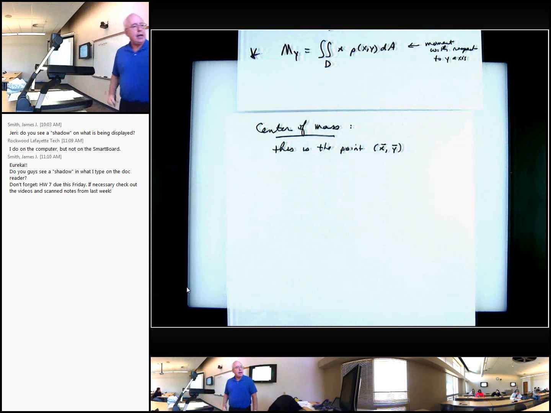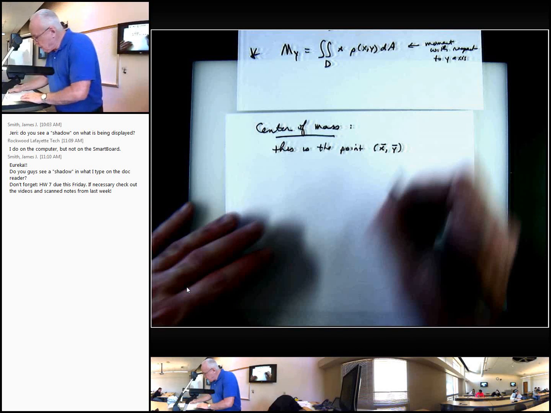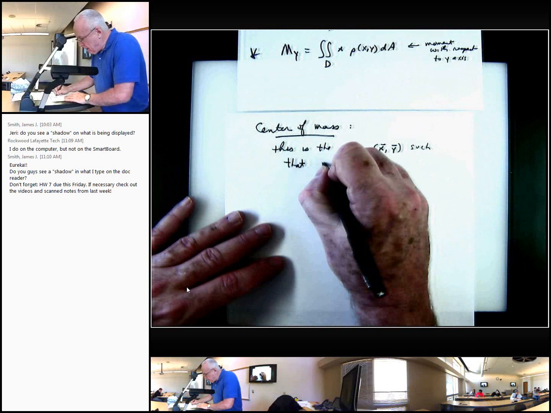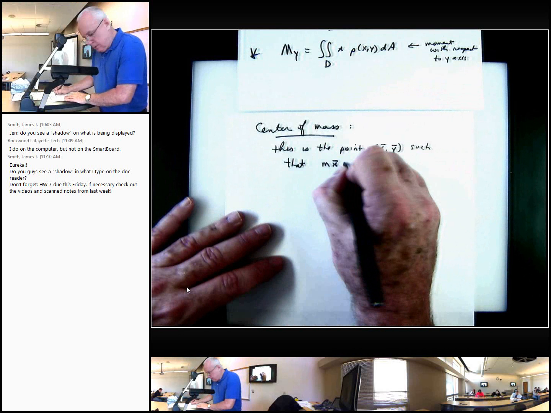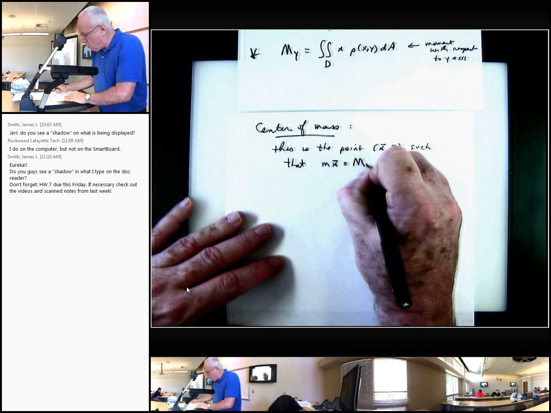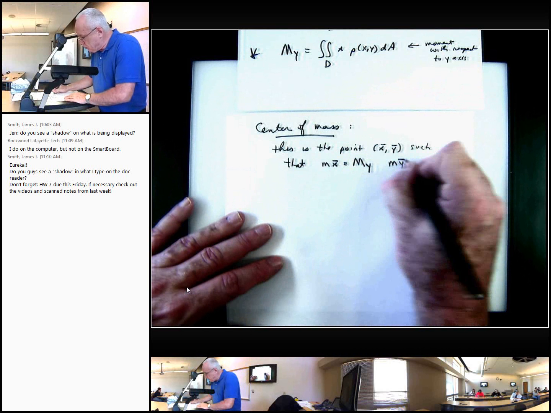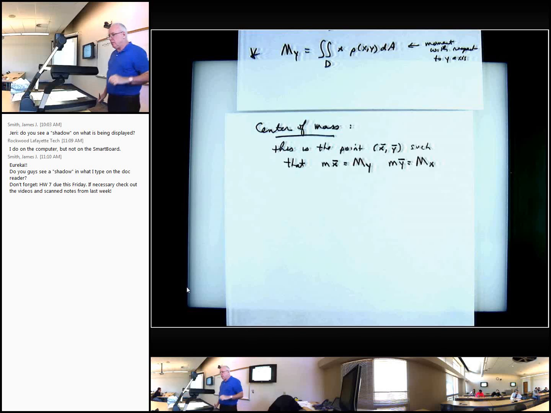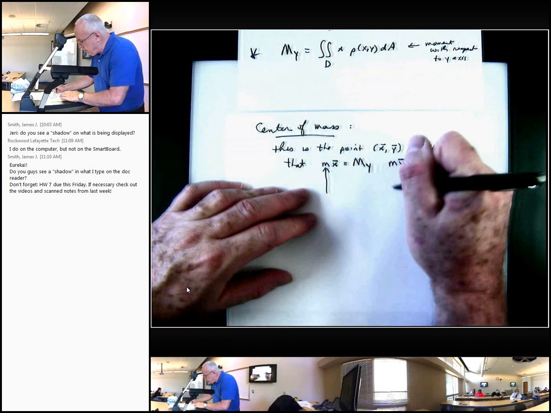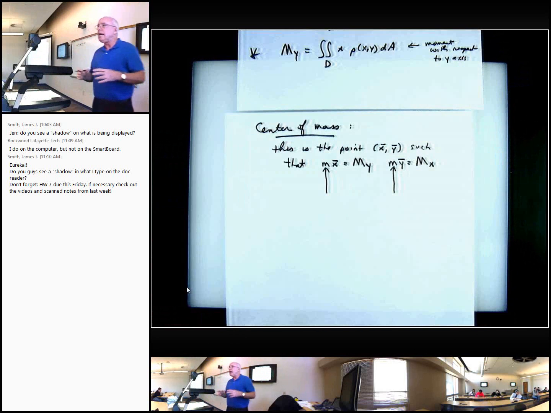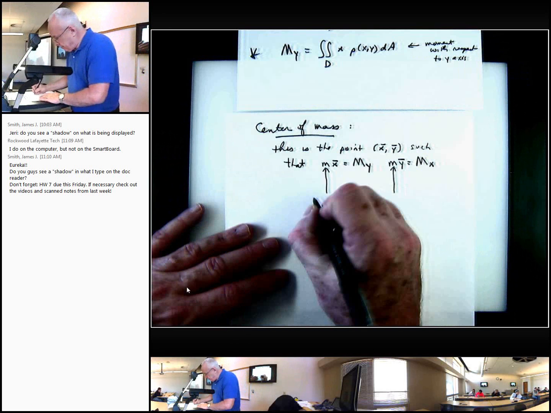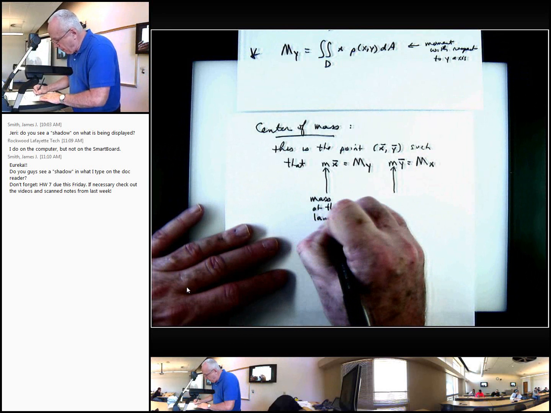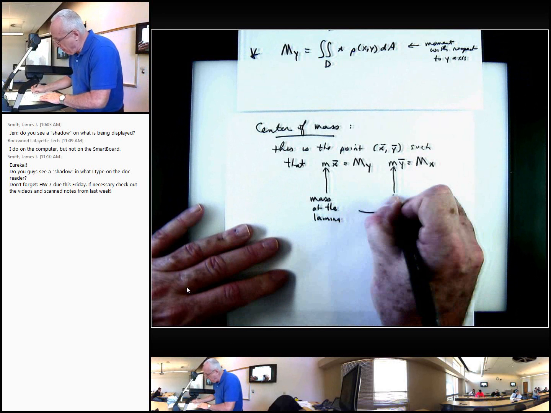This is the point x bar, y bar, such that m times x bar is equal to capital My, and m times y bar is equal to capital Mx. This m here and here is the entire mass of the lamina. Okay.